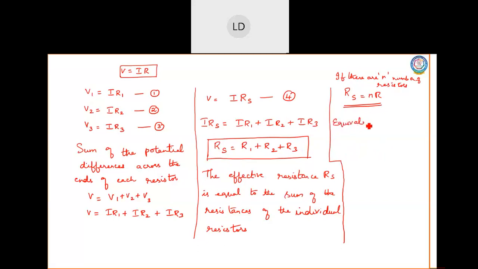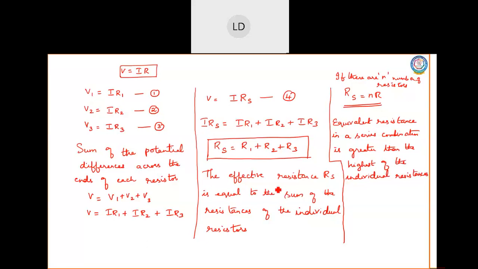Equivalent resistance in a series combination is greater than the highest of the individual resistances. Now this I will prove with an example.